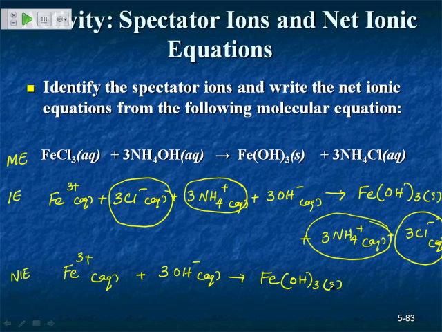So once you have the balanced molecular equation, if you don't lose the balance, you don't have to balance it again. It will be balanced till the end. Okay? So that would be your net ionic equation.